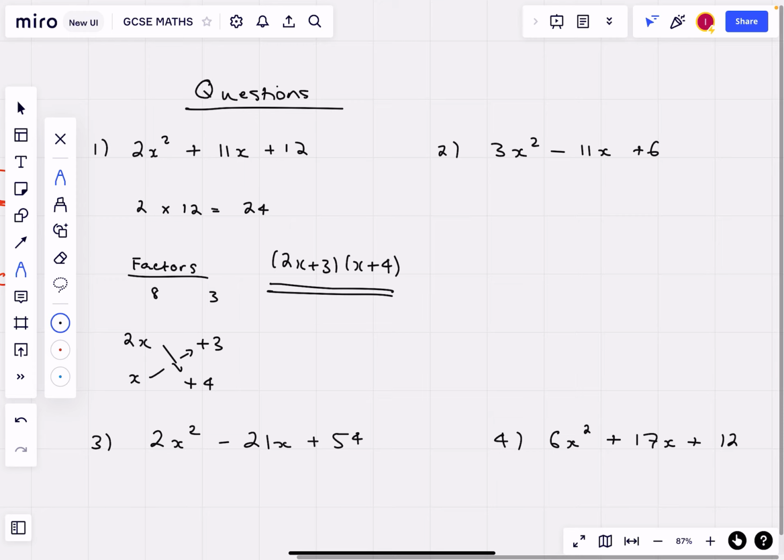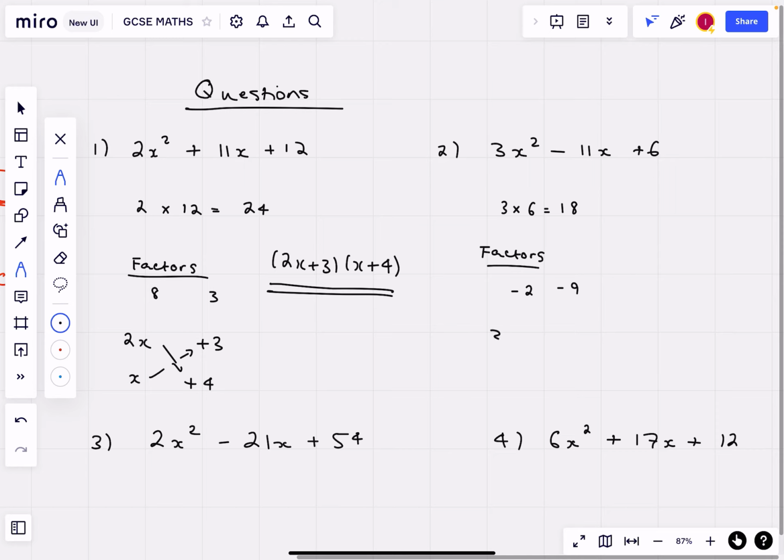Okay, let me go over the second one. Same thing. 3 times 6 gives us 18. 2 multiples of 18 that add to give minus 11. So my factors are going to be minus 2 and minus 9. They multiply to give us positive 18, but add to give us minus 11.